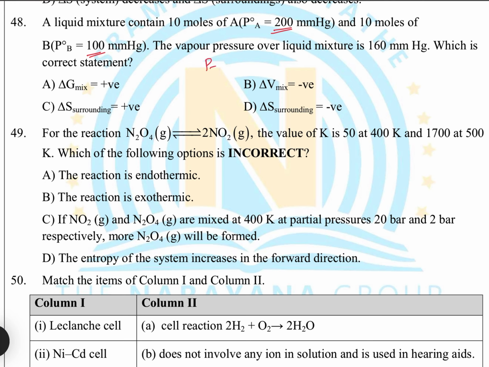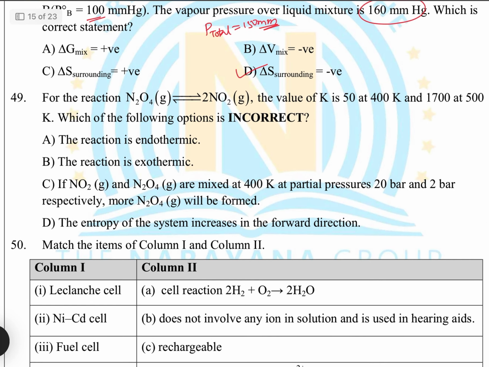So P total must be 150 millimeters, but here we got 160 millimeters. So P total is more, that means positive deviation, less attractions, right? You are thinking in the right way. Delta S surroundings is negative. It's a positive deviation.